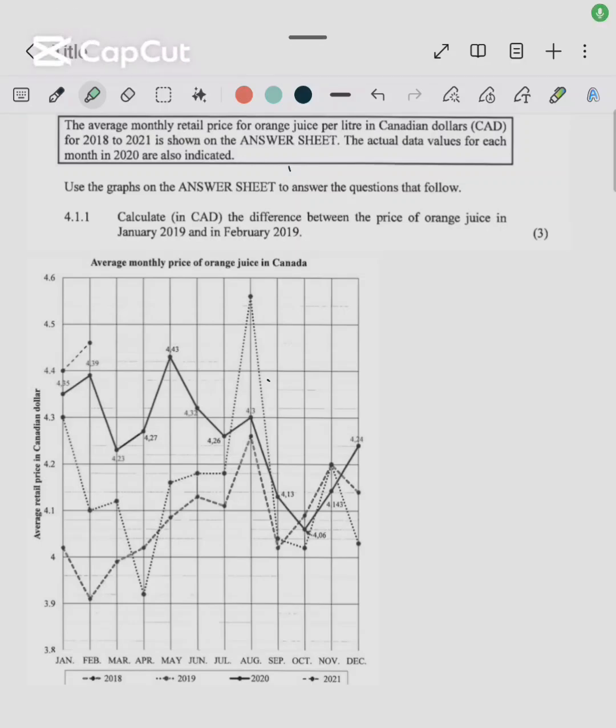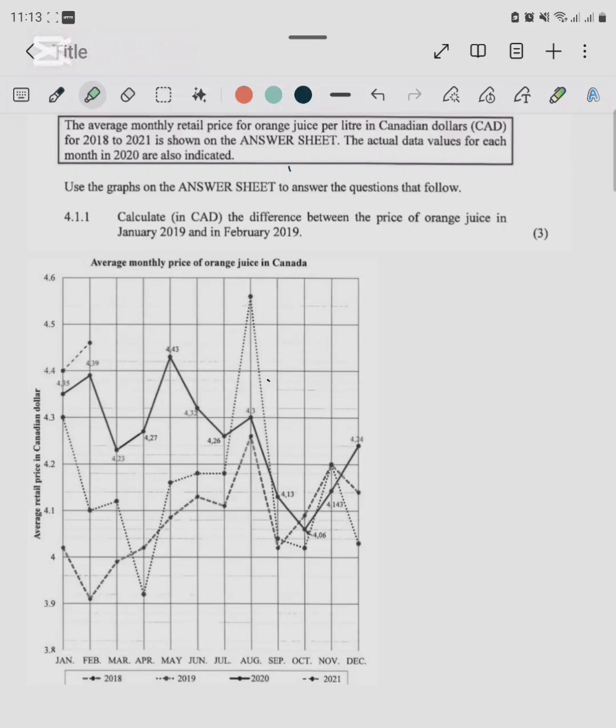Alright, this is week 3's activities, and we're starting with question 4.1.1, which tells us to calculate in Canadian dollars the difference between the price of the orange juice in January 2019 and February 2019. And this is just based off of the graph that was provided.